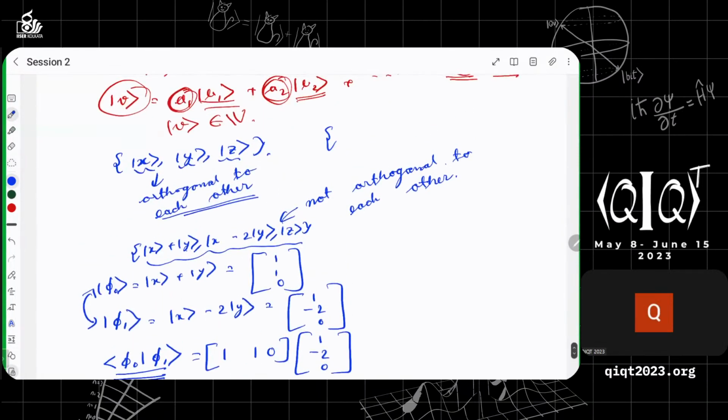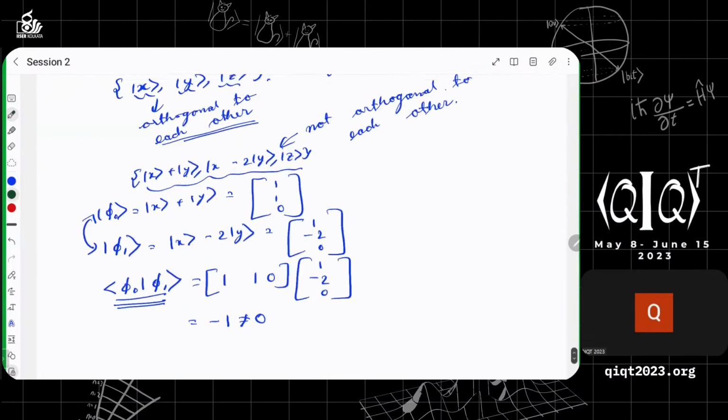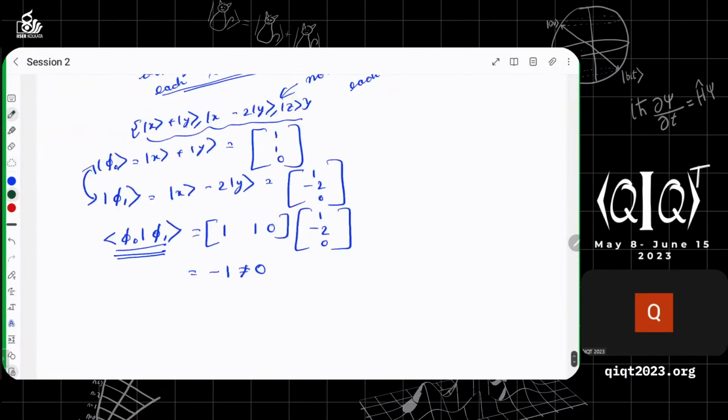Also, if you see here, all the vectors are unit vectors. That is, the norm of x, norm of y, and norm of z is 1 in this basis. But if you look at phi 0 and phi 1, for example, then the norm of phi 0 is not 1.